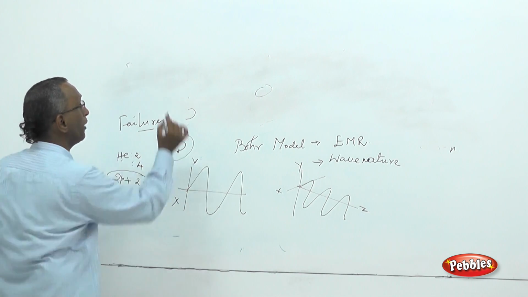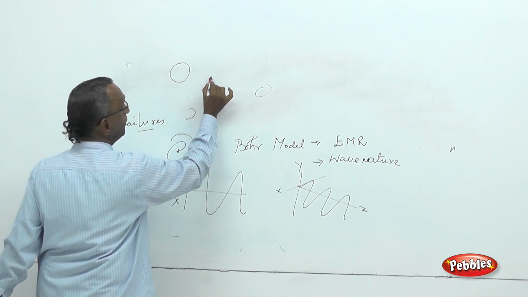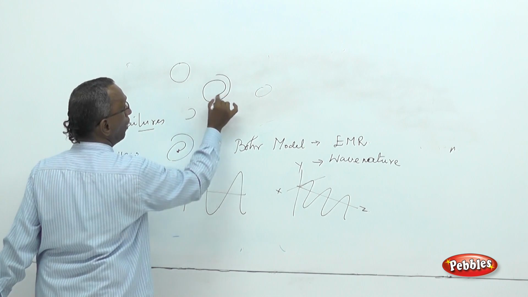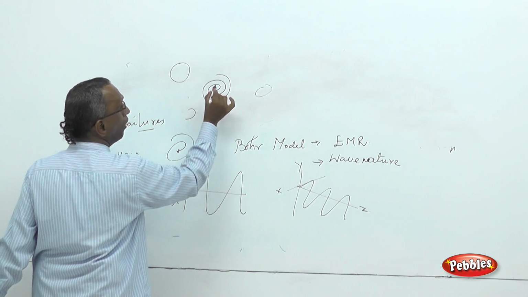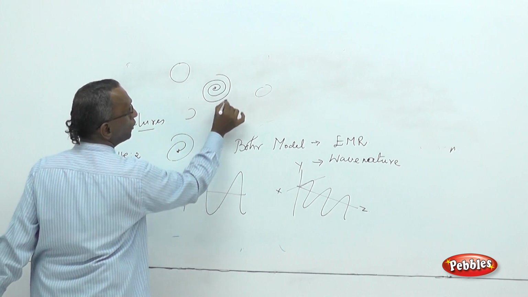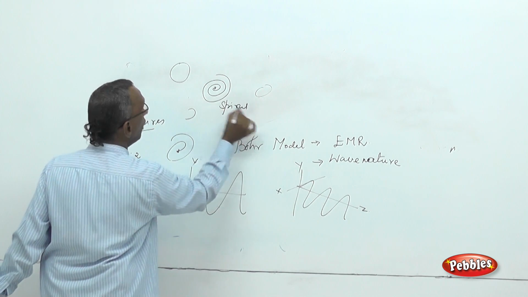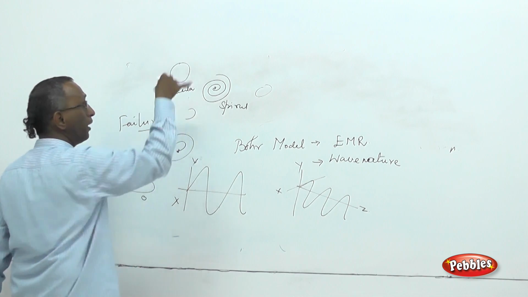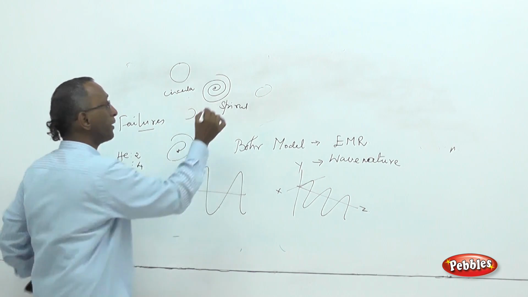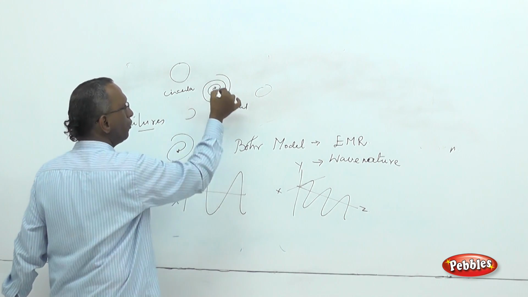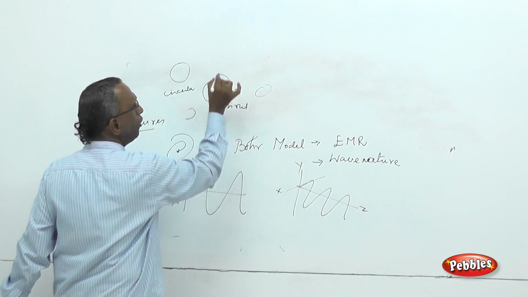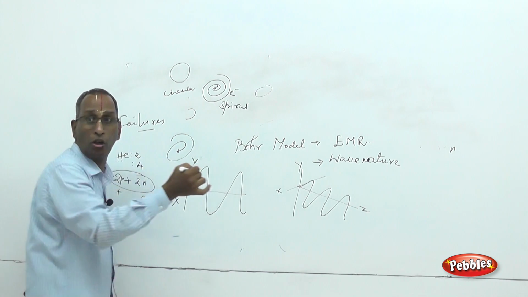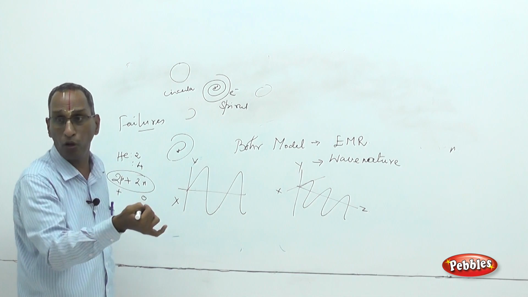It is not a circular orbit. In a circular orbit, the radius stays constant, but here the radius keeps getting reduced. This is called a spiral, so it is not strictly a circular geometry. As time proceeds, the electron comes to the nucleus, because the electron is negatively charged and the nucleus is positively charged, so it is attracted towards the nucleus.